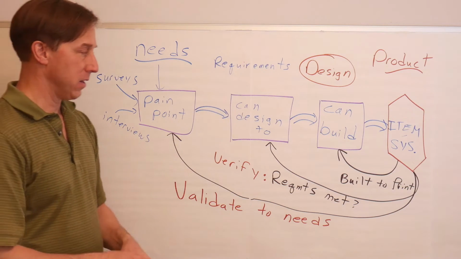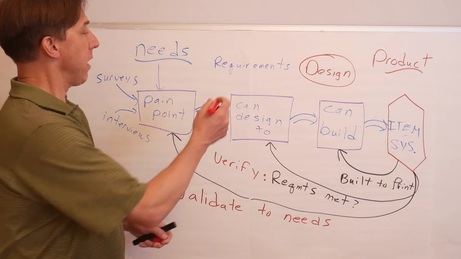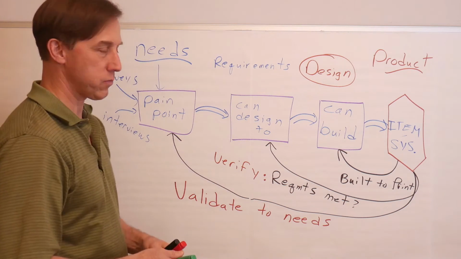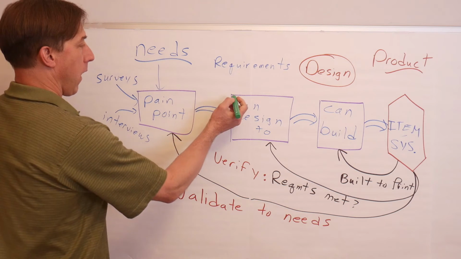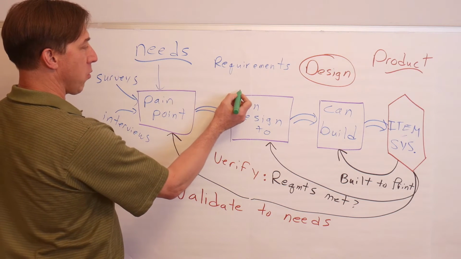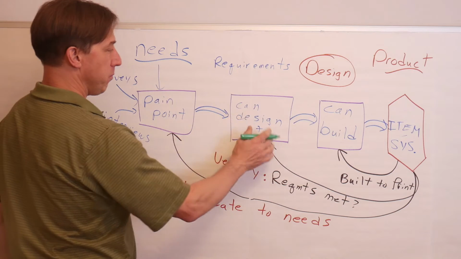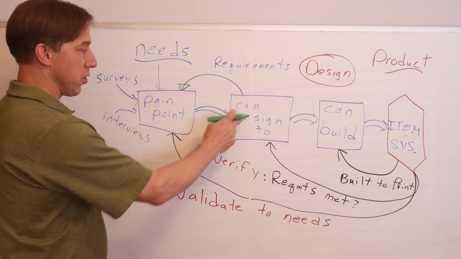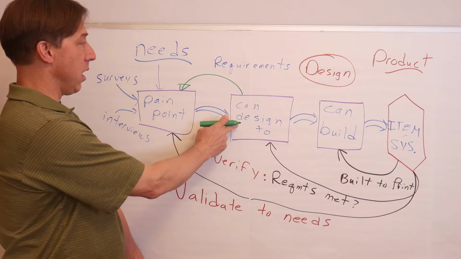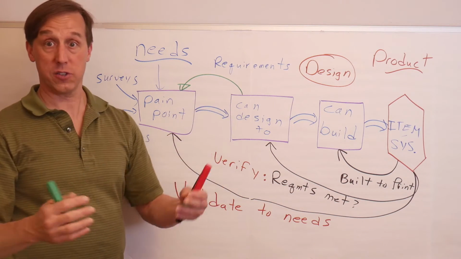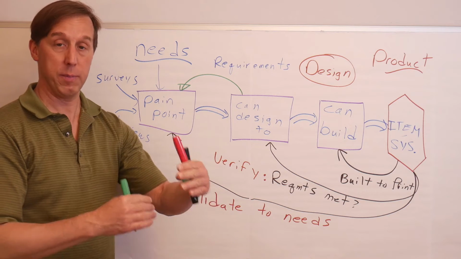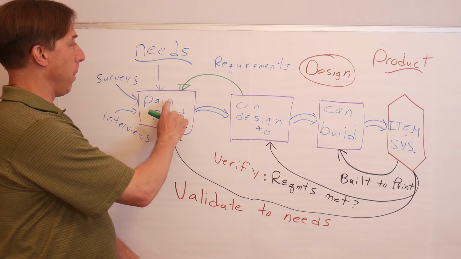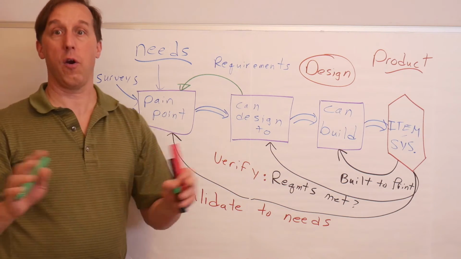And what we do there is, once we have these requirements, we will check them to make sure they meet the original needs. So we're going to write these, and double check: hey, customer, if we build something that meets this requirement set, are we going to meet your pain point, at least as far as you can see?